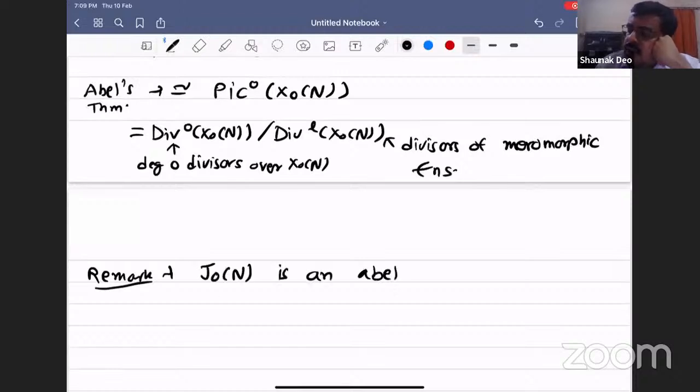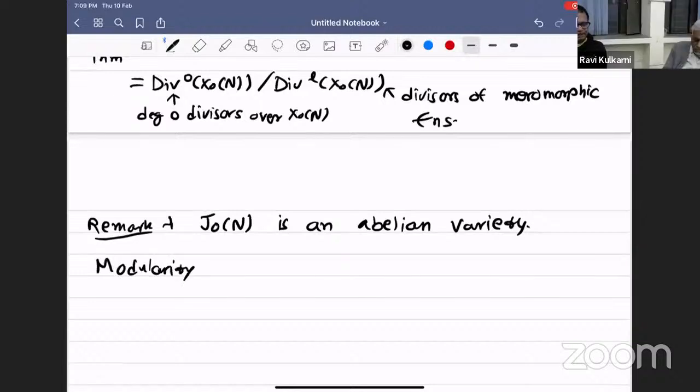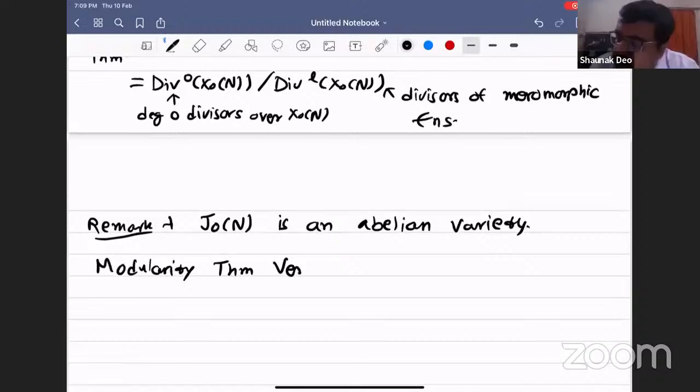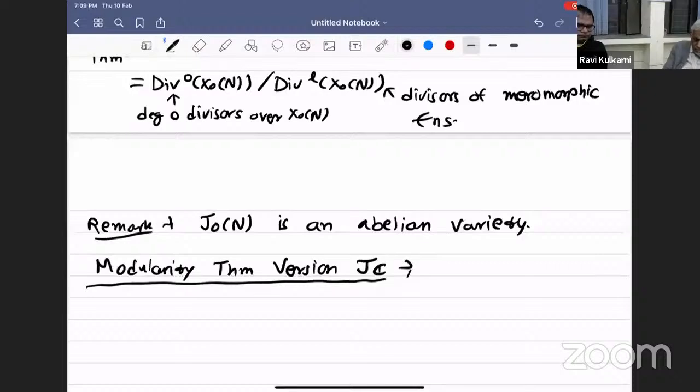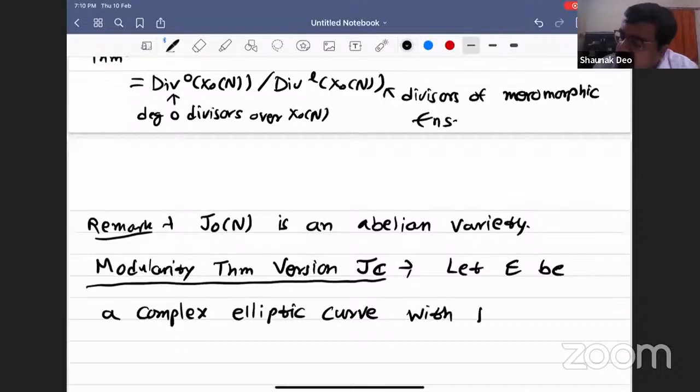Then we can state this modularity theorem in terms of this Jacobian as well. So modularity theorem, version Jacobian: let E be a complex elliptic curve with rational j-invariant.